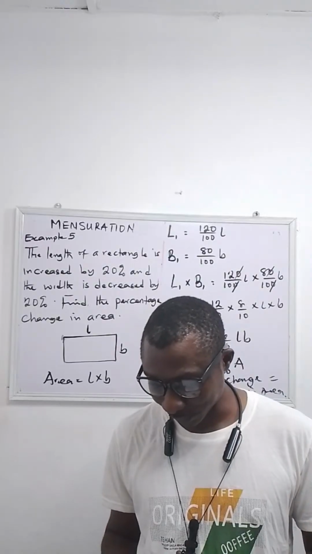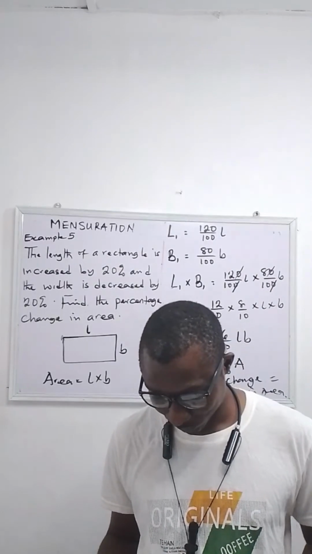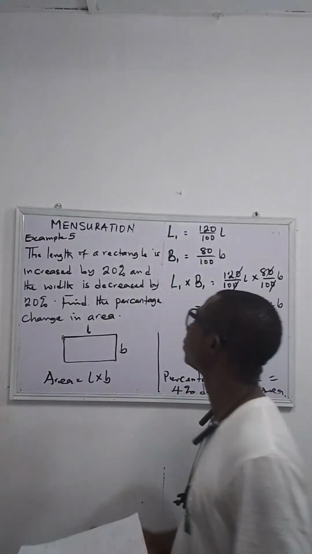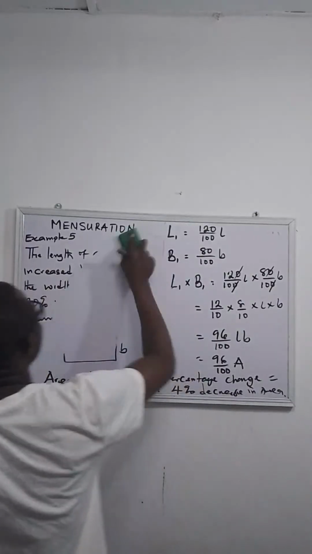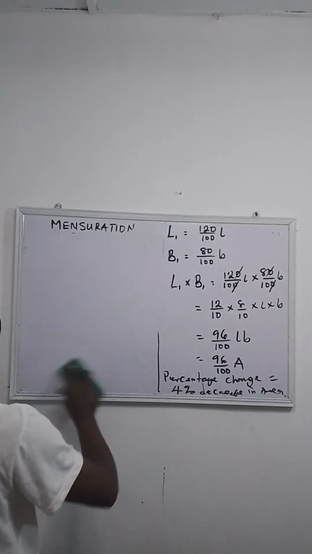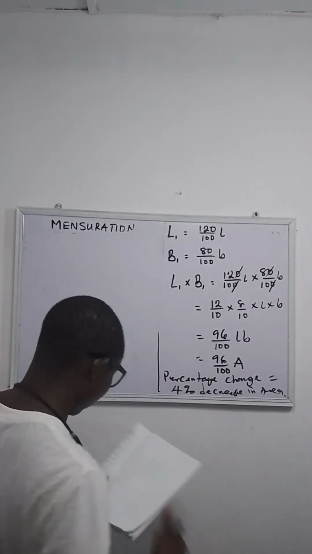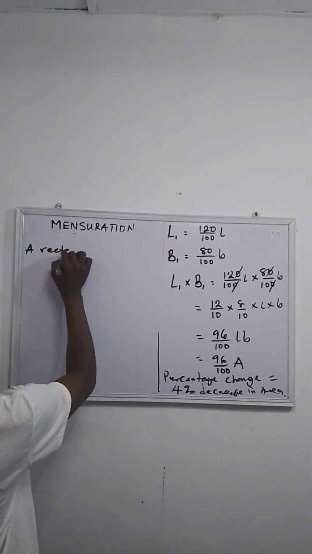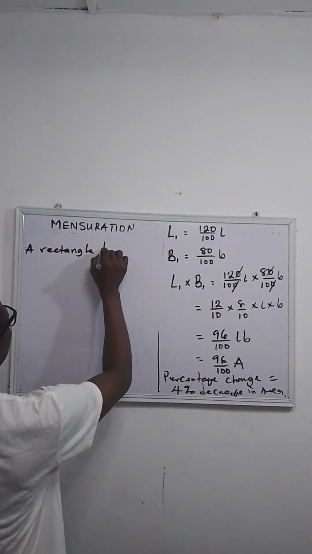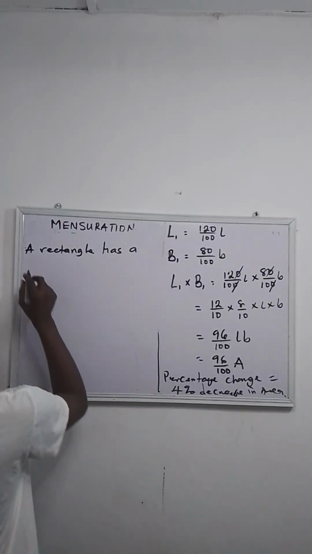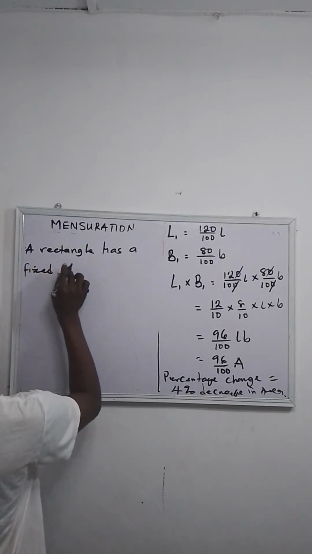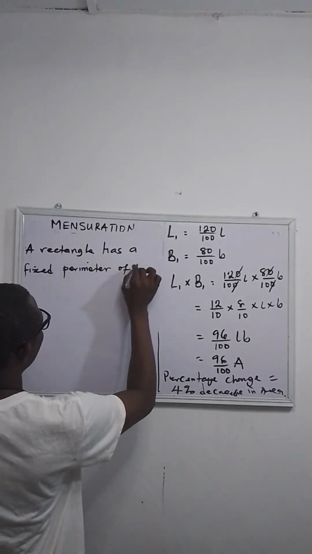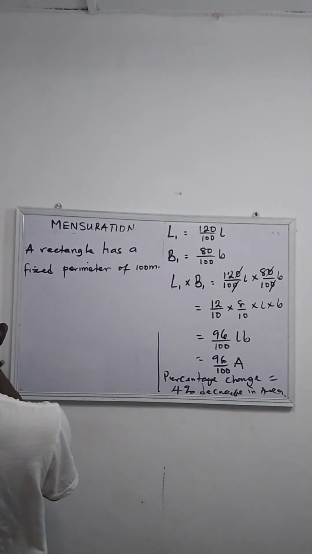Let's take this very last question. A rectangle has a fixed perimeter of 100 meters.